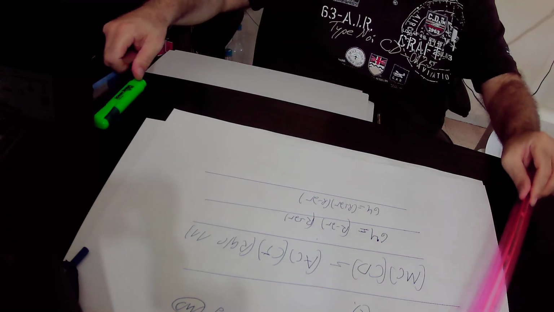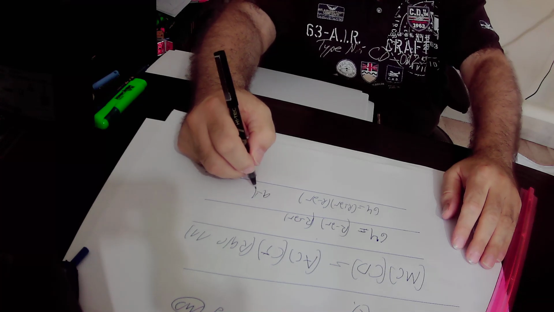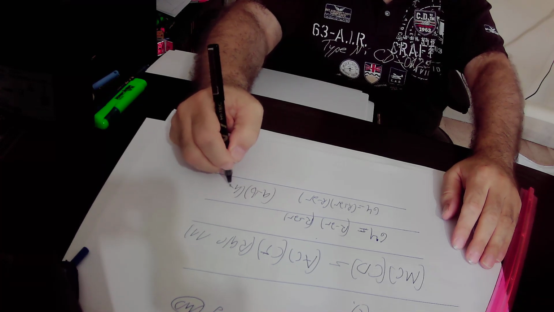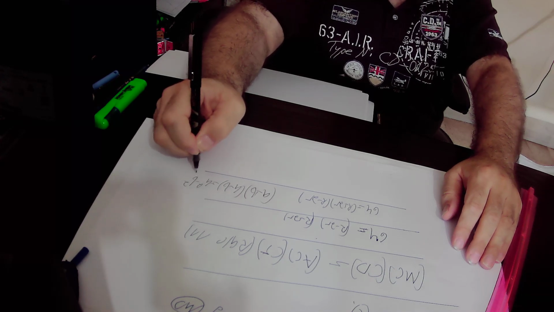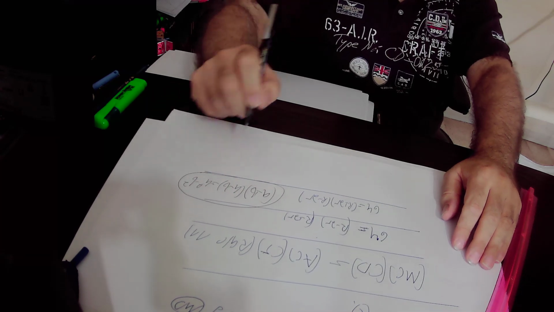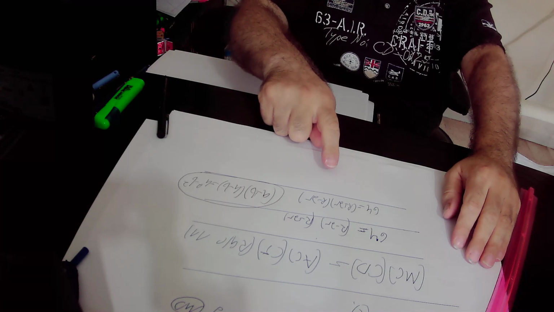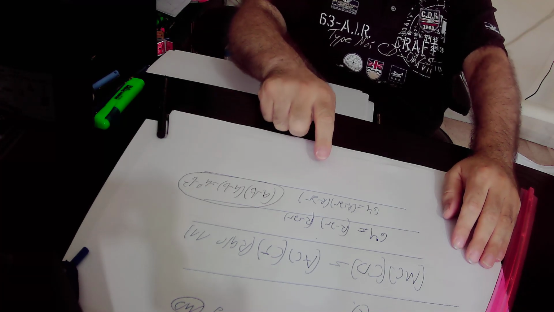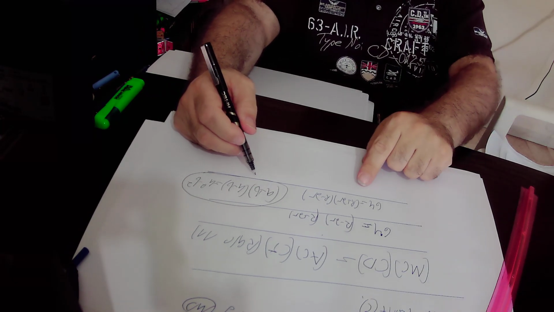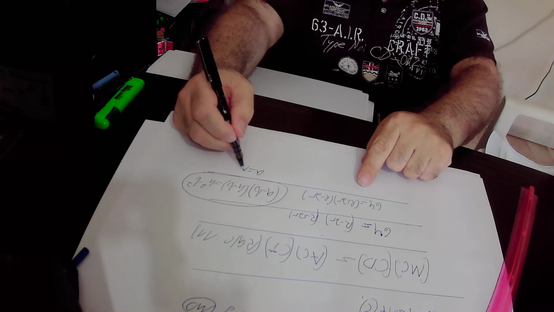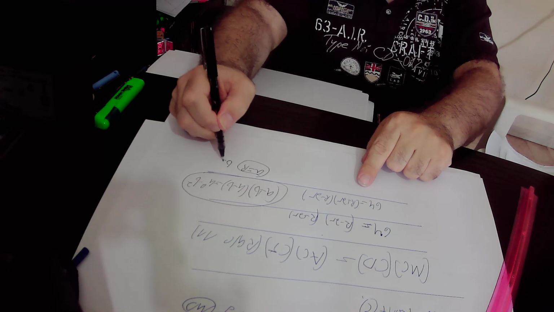And according to the algebraic identity that A plus B times A minus B equals A squared minus B squared, we'll get that here, capital R plus 2R times capital R minus 2R. Here A is equal to capital R and B equals 2R.